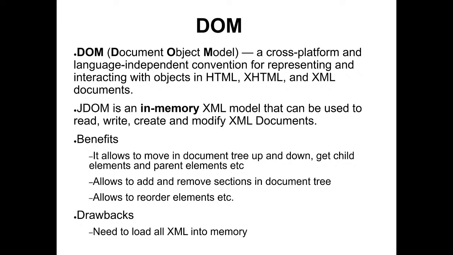We have one parent, and then the children of the parent, and of course we can have multiple children, but only one parent, which should make sense. It allows you to add and remove sections in the document tree, and to reorder elements and so on.